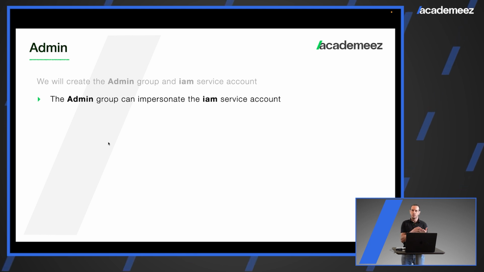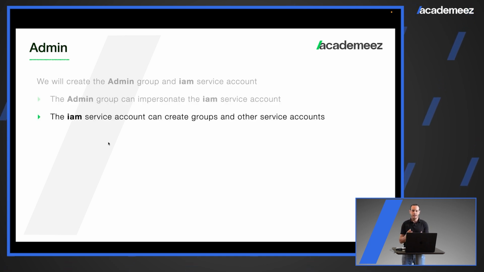So the admin will create the admin group and the IAM service account. The admin group is the group of users that can impersonate the IAM service account. And the IAM service account can create groups, create other service accounts, and assign roles and permissions. Now, they can assign roles and permissions, but not to the entire organization, but rather to the folder of the course project.